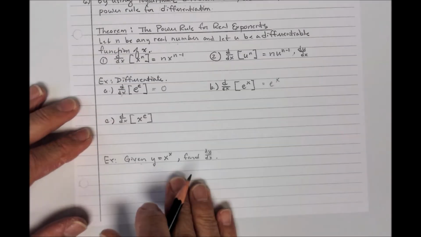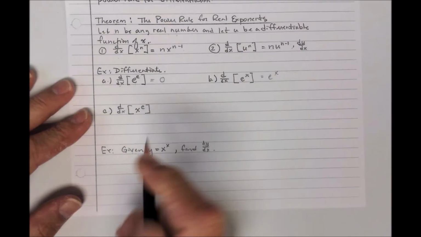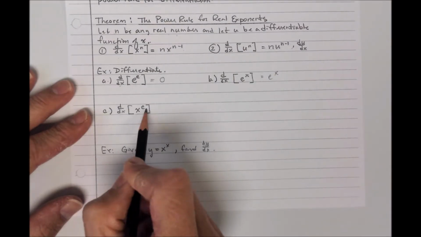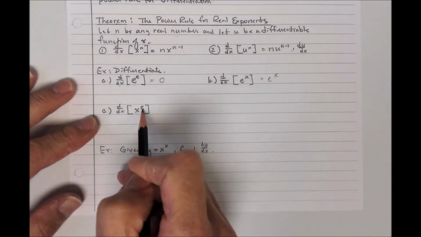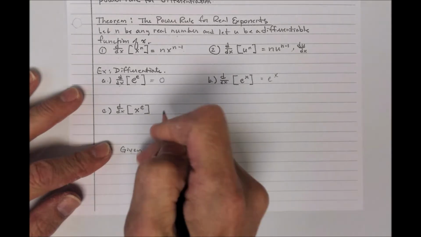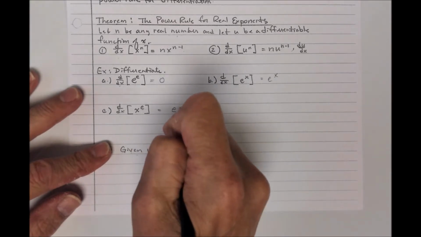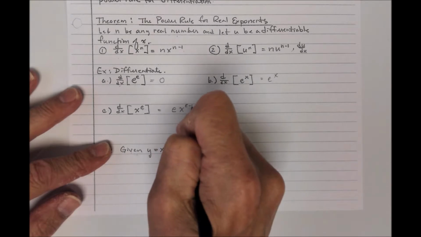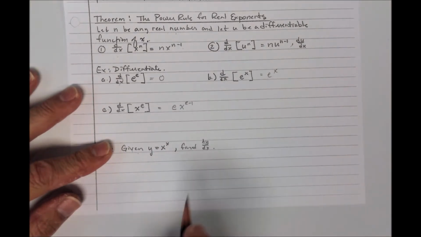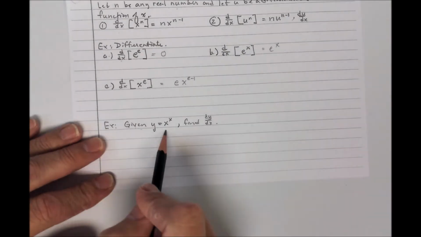Okay? And the derivative of x to the e, well, here's my power rule. Because I have an exponent that's irrational, that's okay. This is going to be e times x to the e minus 1. Just that simple. Times, of course, the derivative of x, which is 1, so we really don't even have to apply the chain rule.